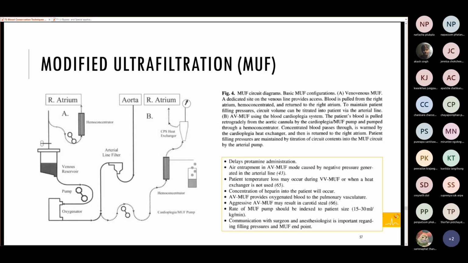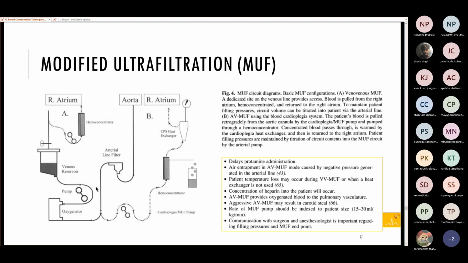Okay, all right. We have extra time, so giving the protamine to reverse the heparin effects is going to be delayed. All right. And because we have another system, air entrapment in the MUF system should be watched for because it can occur.